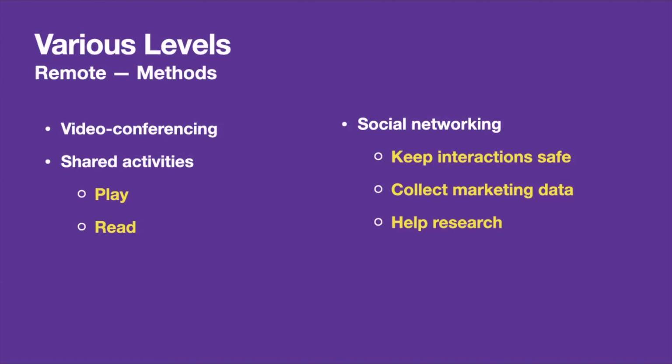Besides, there are many social networking applications for children. These applications can help to keep interactions safe. At the same time, companies and research institutions can collect useful data from children. This data can help to learn about the impact of social network use on children's development.